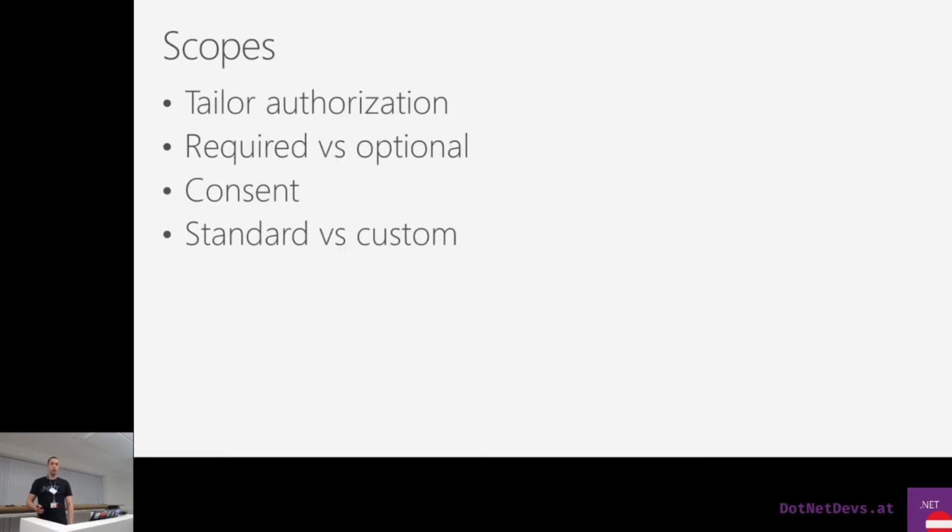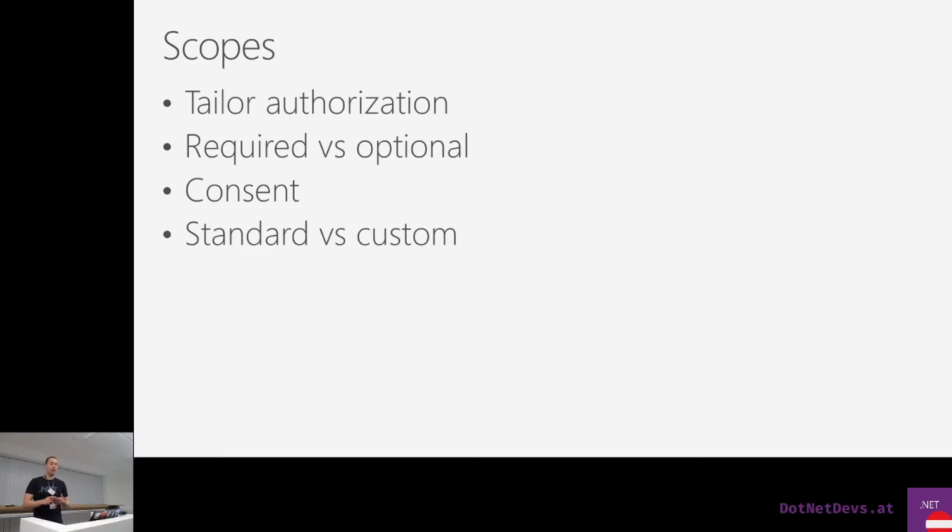Then there are scopes. When you send the user to the identity provider, you would usually ask for specific information or specific access types. For example, if you log in with Facebook, it would tell you, oh, this application wants to read your name, your email address, your friend list, post to your feed, post whatever.